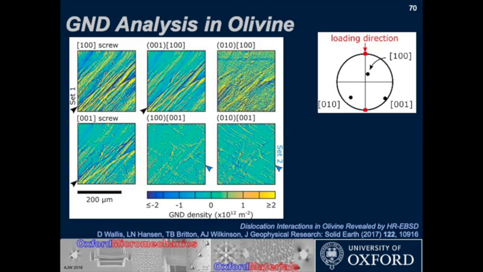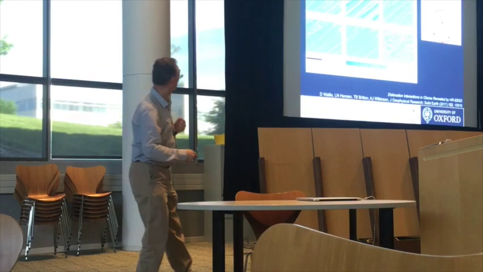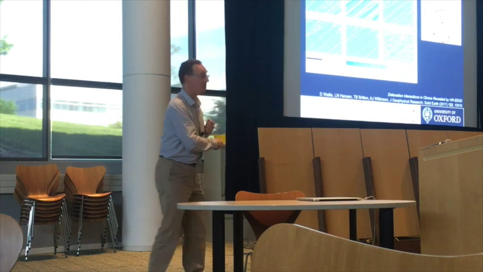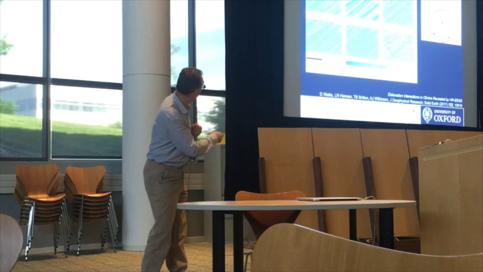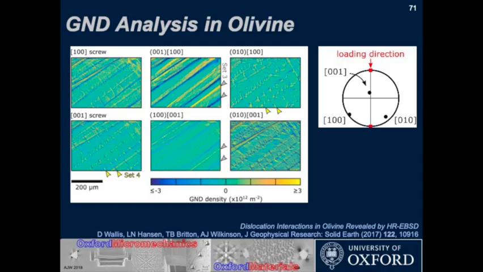If I compare that to my other crystal, rotated and loaded in a different direction, again you can see two sets of dislocation features. These are quite highly intense, high density features, quite well separated, and then there's a second set of features that run across the other way. And this all ties into the activation of the different Burgers vectors that we'd expect to see.